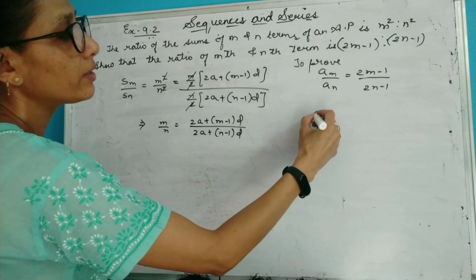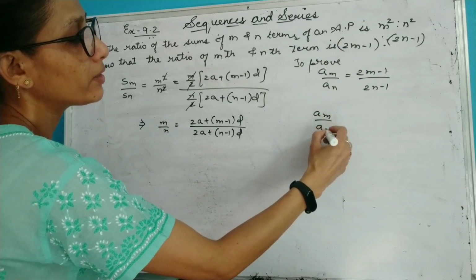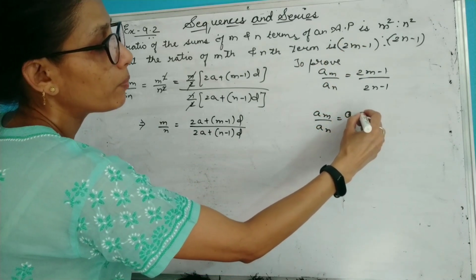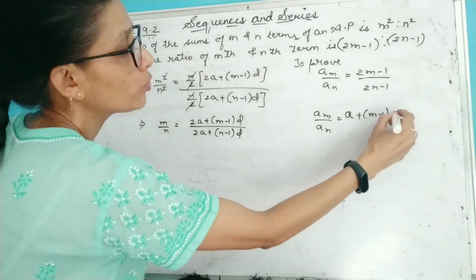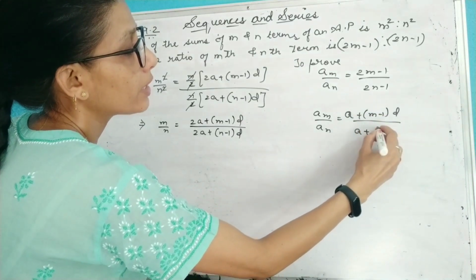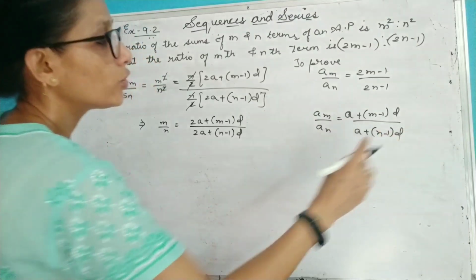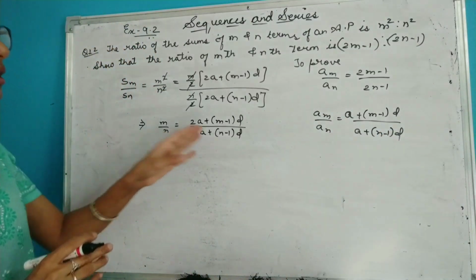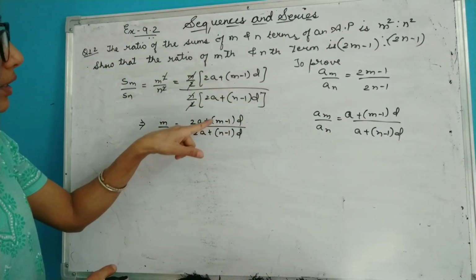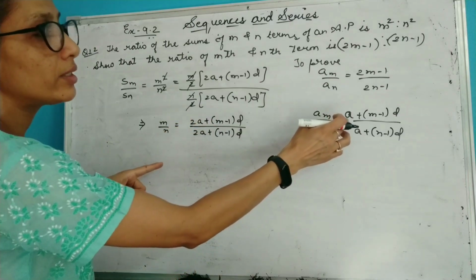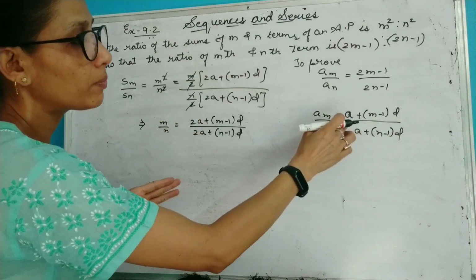So I can write mth and nth term as a plus m minus 1 into d and a plus n minus 1 into d. Children, let's compare these two things. Here it is 2a and here it is a only. So let's multiply this with 2.